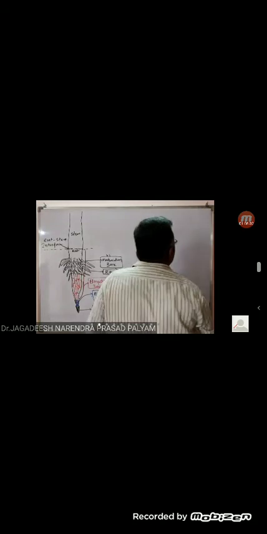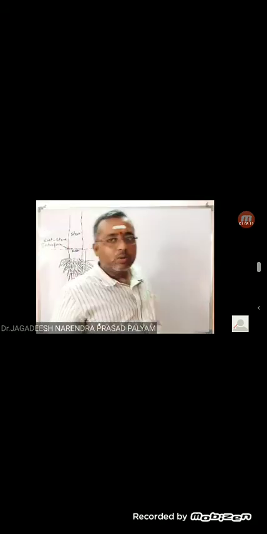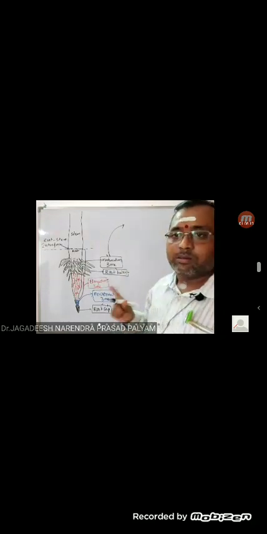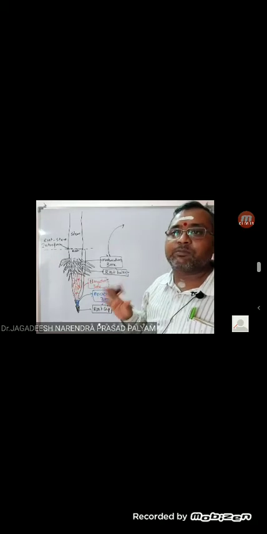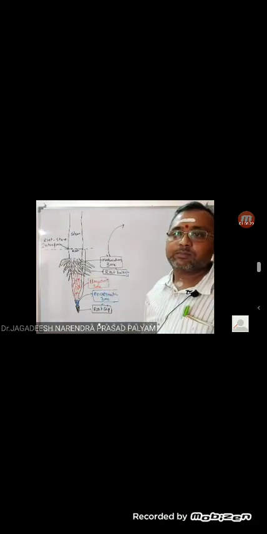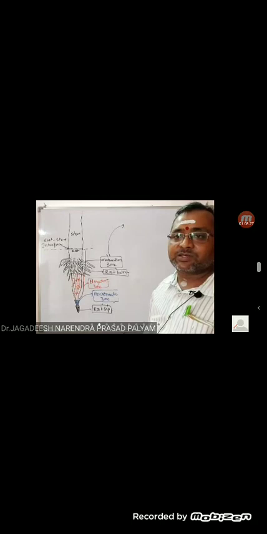Next, when it comes to other details of the maturation zone. Every root will have root hairs, whether it is an adventitious root or taproot or lateral root, rootlets, all will have these root hairs.